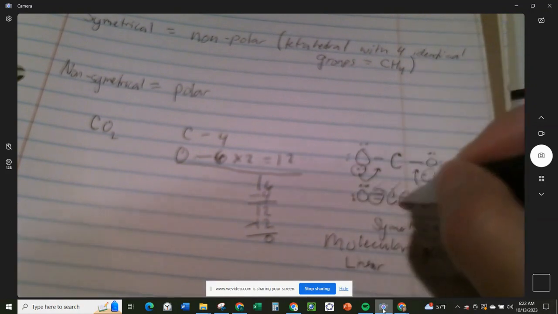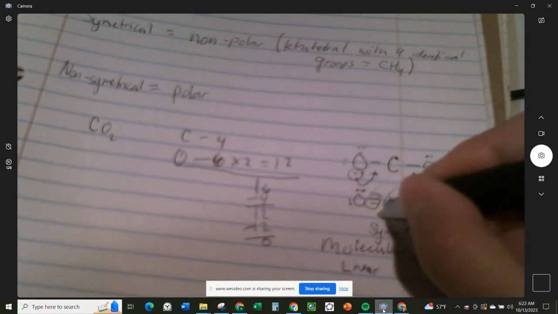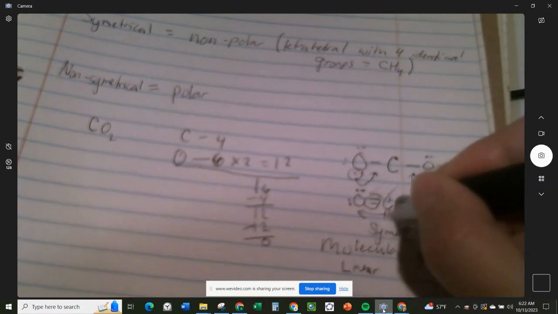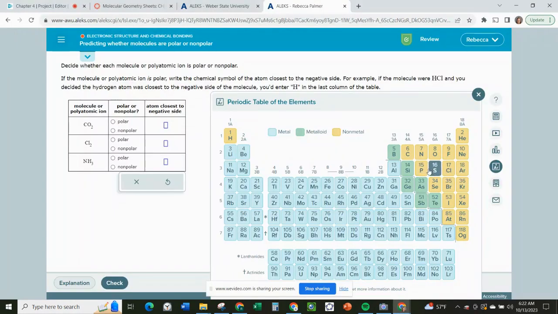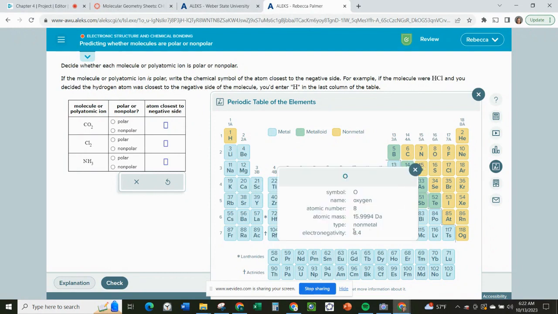So then we do have polar bonds here. The electrons are going to be trying to get to oxygen. Oxygen is more electronegative. We can always use the ALEX periodic table to look at that. So oxygen has an electronegativity of 3.4. Carbon has an electronegativity of 2.6. So the electrons are going to move towards oxygen.